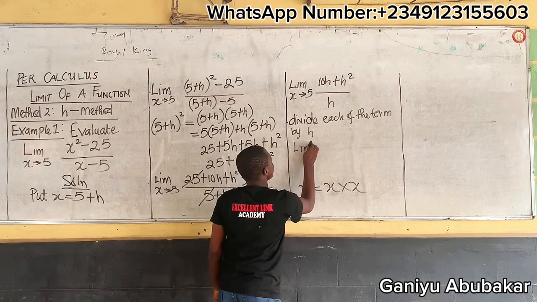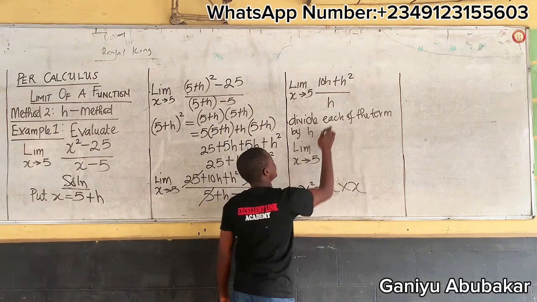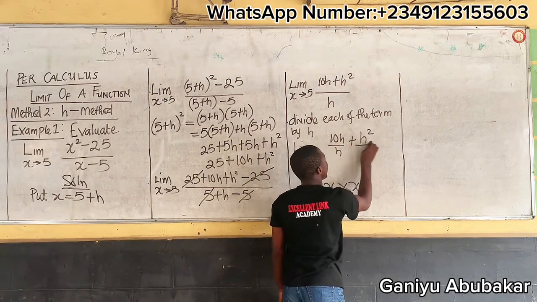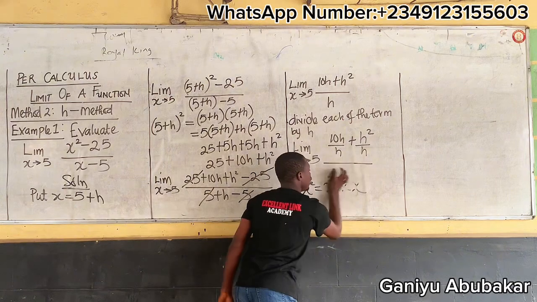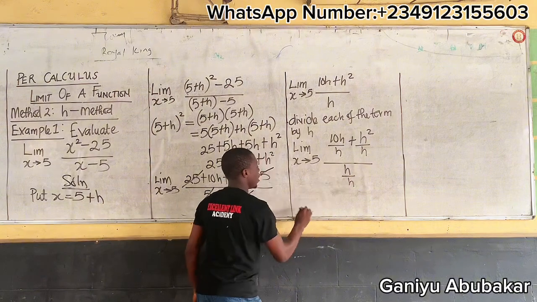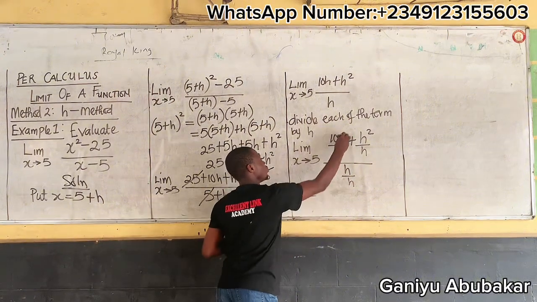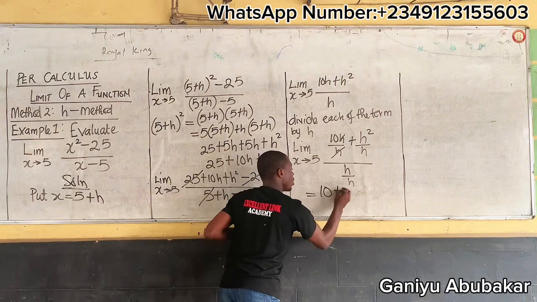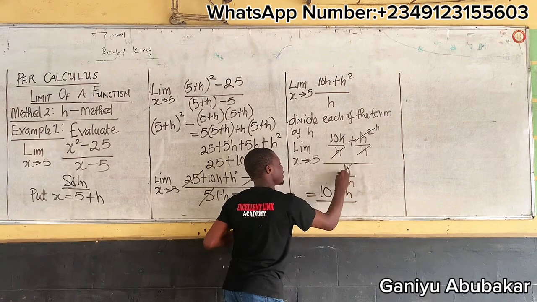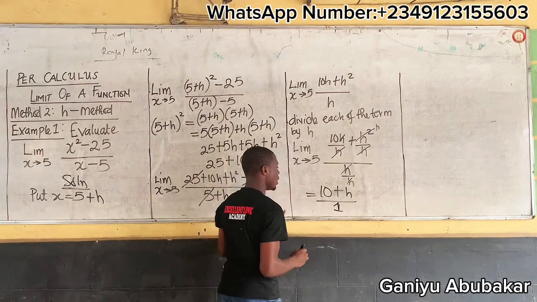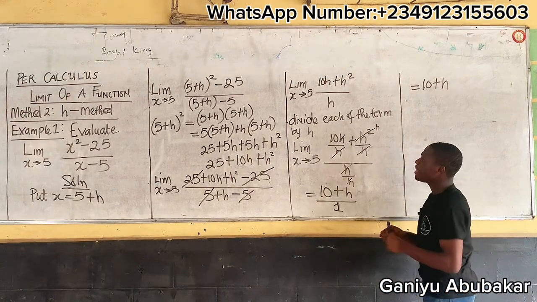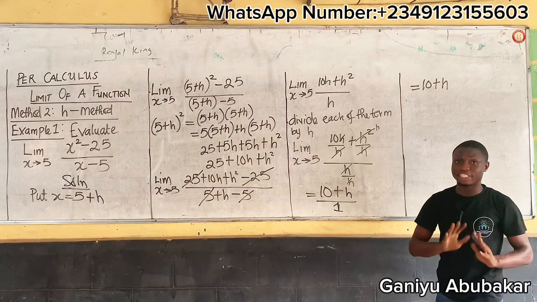So I have the limit as x tends to 5 becomes 10h over h plus h squared over h, all over h over h, as easy as that. From here, if I simplify further, h cancels h, I'll have 10 left, plus h squared over h leaves h, all over, this cancels to 1. At this point, I'm left with just 10 plus h.